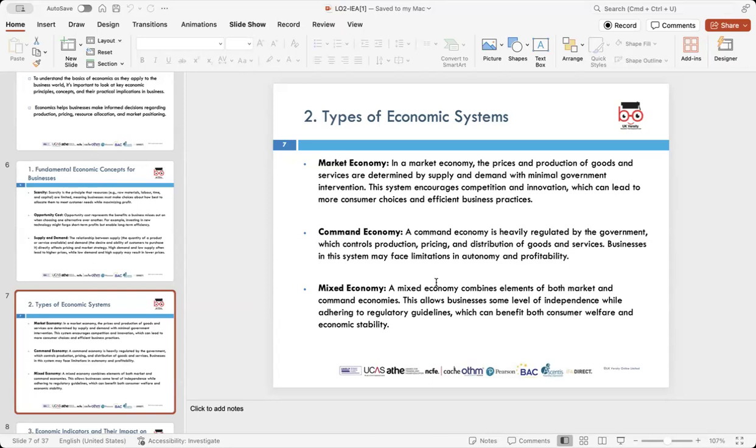Then command economy: in this system, the government has full control over production, pricing, and distribution. While this ensures stability and prevents monopolies, it also limits businesses' autonomy and discourages innovation, since companies have little freedom to respond to consumer demands and market trends.